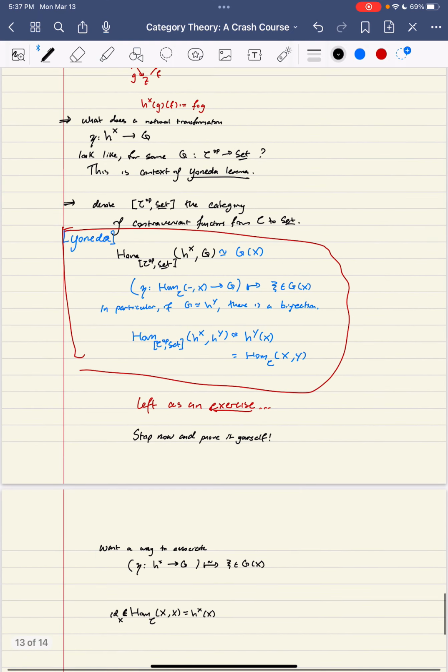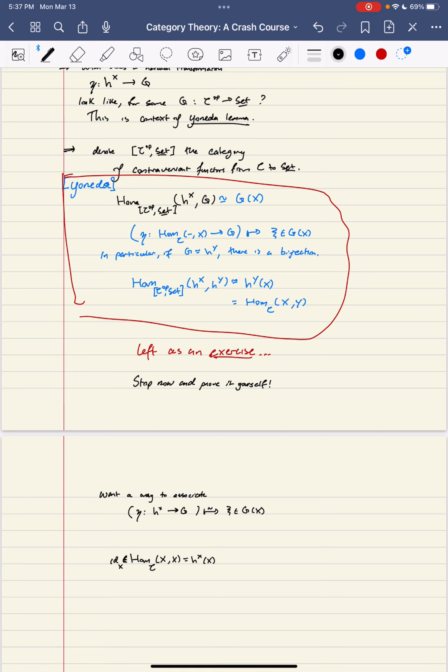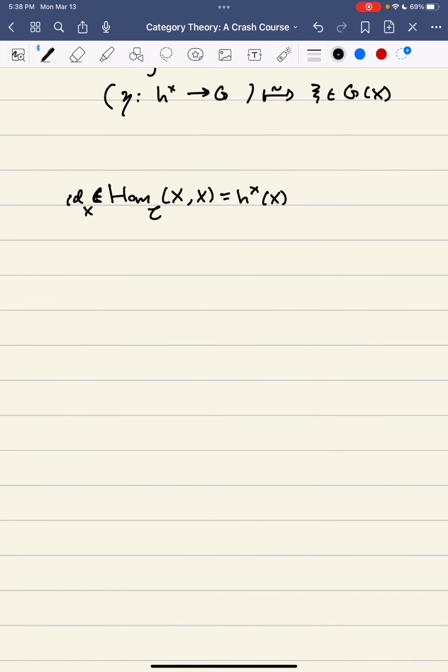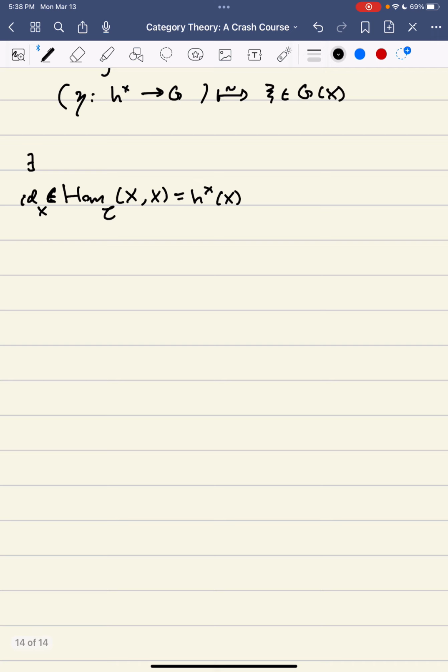The generality of this statement holds for any category C and any functor g. So we have to go to our bare bones assumptions. I know that identity always exists. And so if I have this natural transformation eta, I have a function. The component over x sends something into g of x. So why don't I just say the identity in here? Why don't we define this thing to be eta?